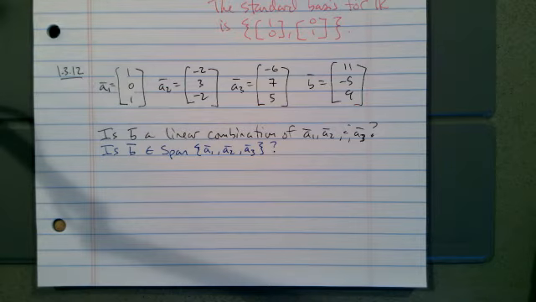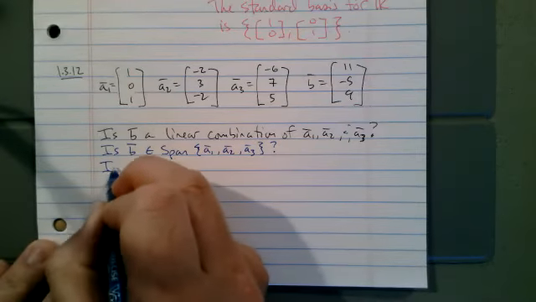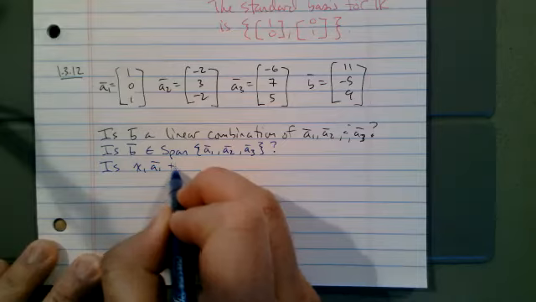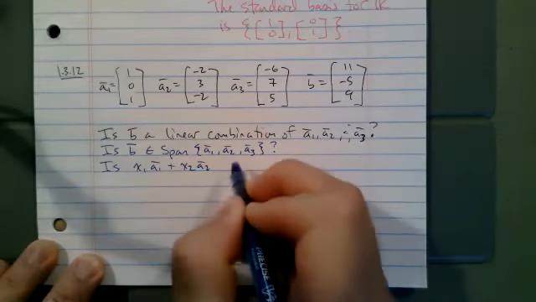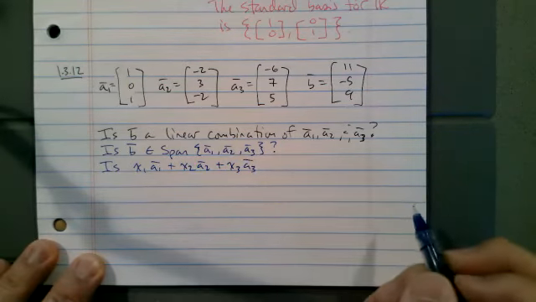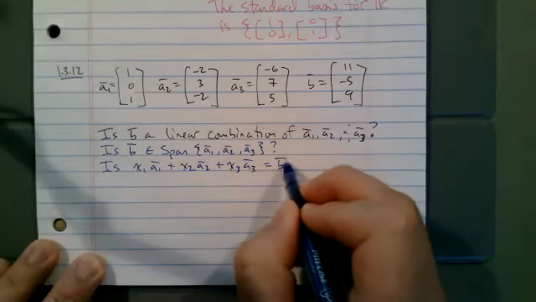The way we determine this is through a vector equation. So we want to say equivalently, is x1a1 plus x2a2 plus x3a3, a generic linear combination of a1, a2, and a3, equal to B?